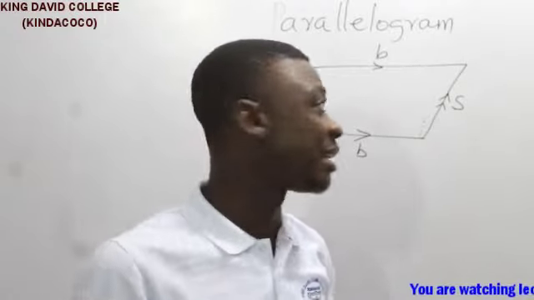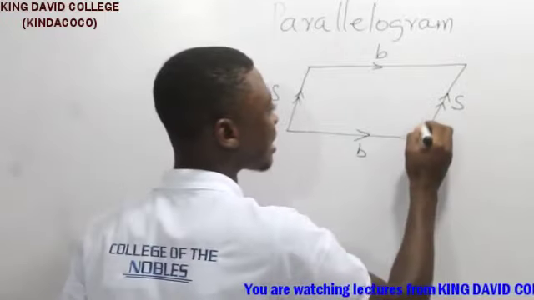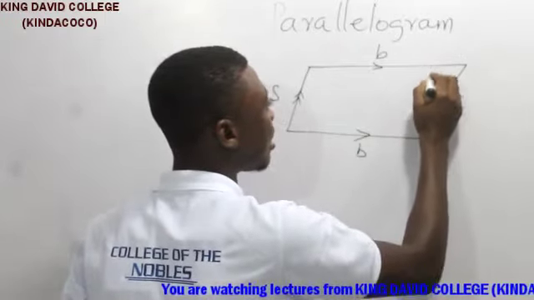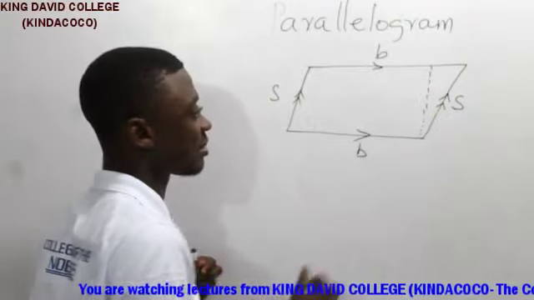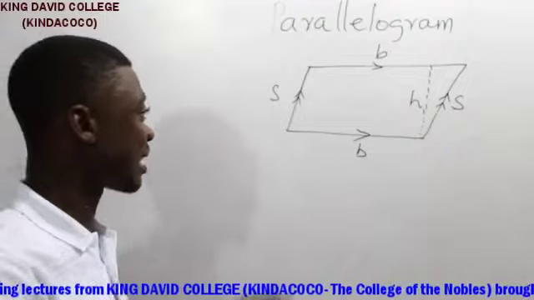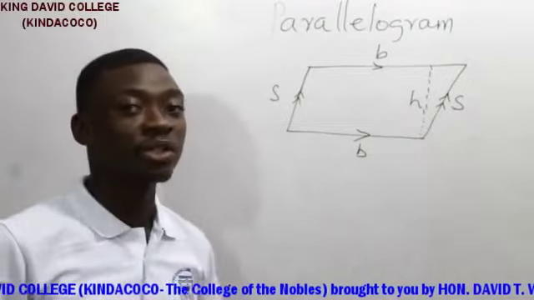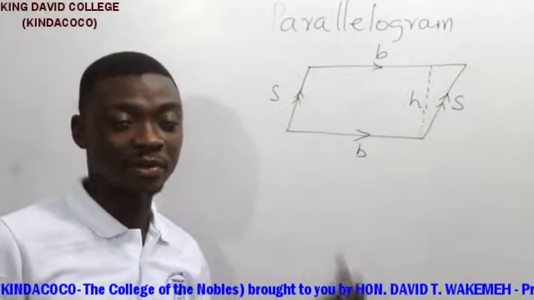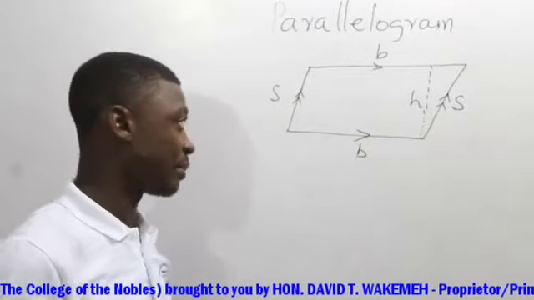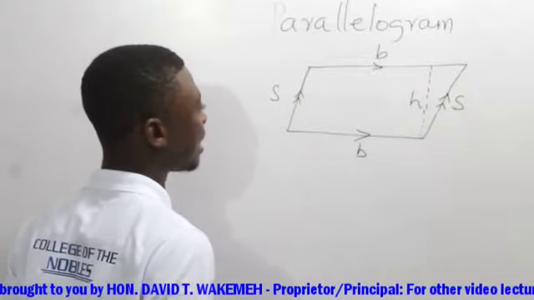Same with the parallelogram: you must establish its vertical height. Call this H. Once you have the vertical height, now you can find the area of this parallelogram.